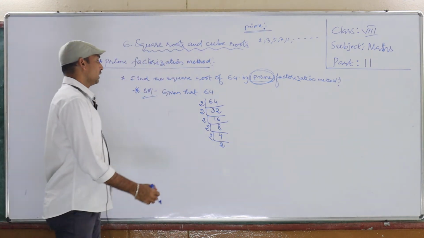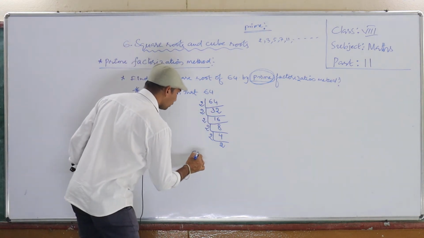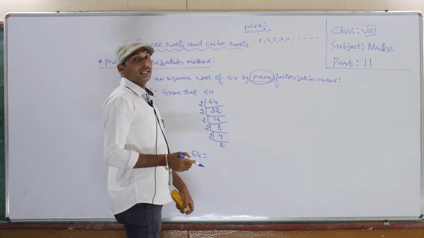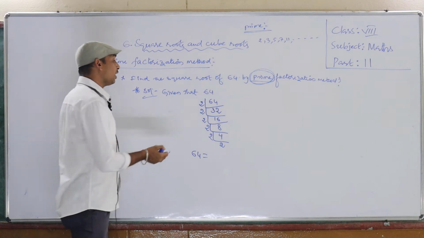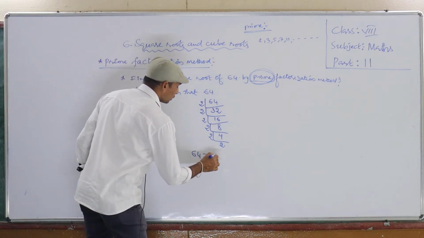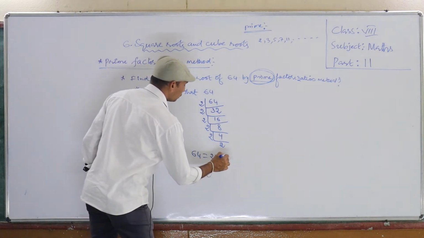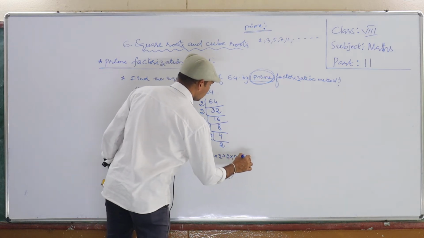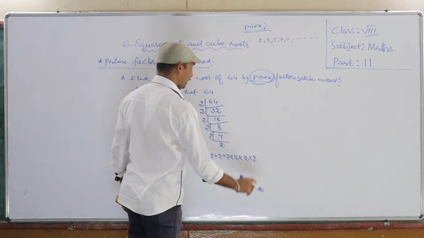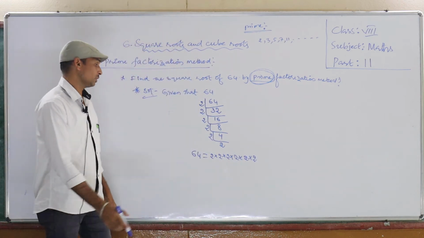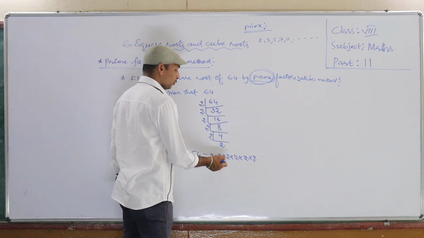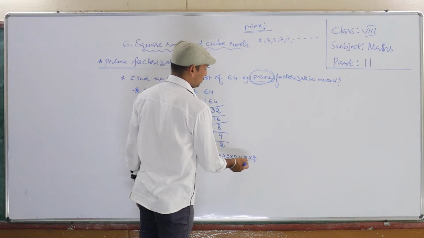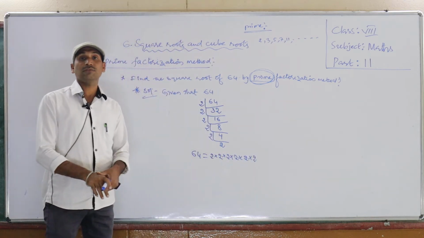So here we can write 64 as the product of 2 into 2 into 2 into 2 into 2 into 2. How many 2s? Six 2s. 2 2s are 4, 4 2s are 8, 8 2s are 16, 16 2s are 32, 32 2s are 64.